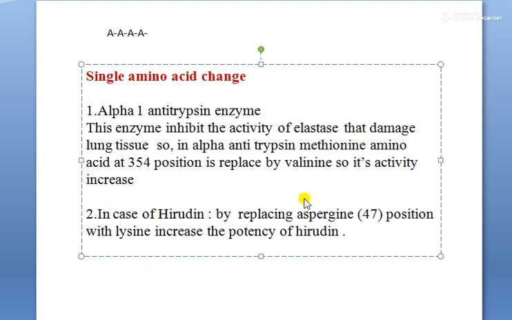That means when we change the methionine at position 354 with valine, the activity of alpha-1 antitrypsin increases.